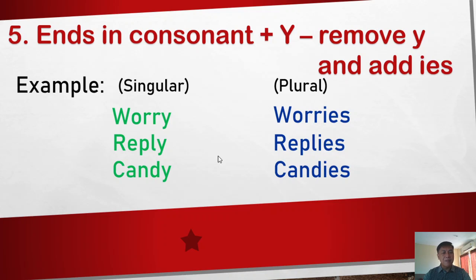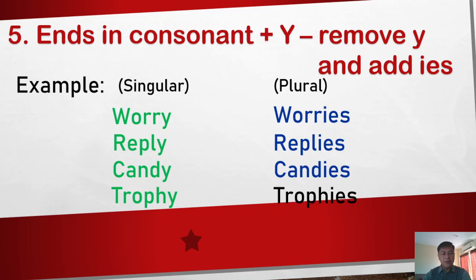Next is trophy. The end of the word is H and Y. So the plural form becomes trophies.